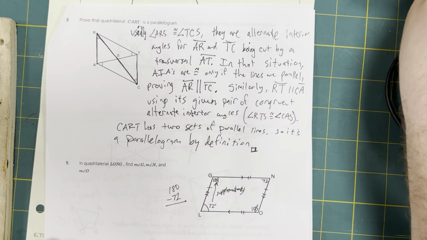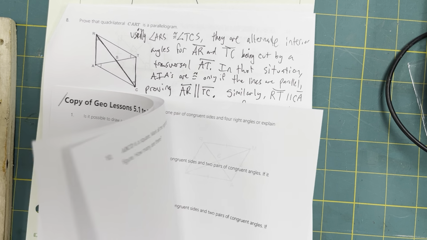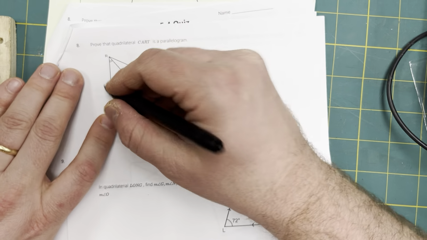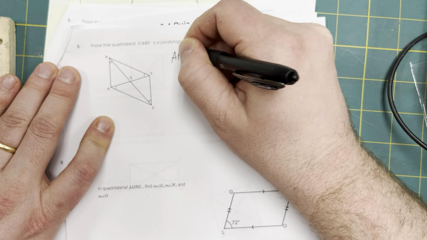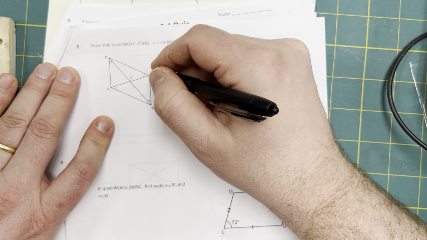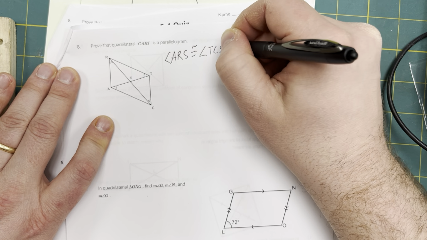Let me try to prove this in a less wordy way that still gets the same points across. So you could just say ARS is congruent to TCS. That's given.